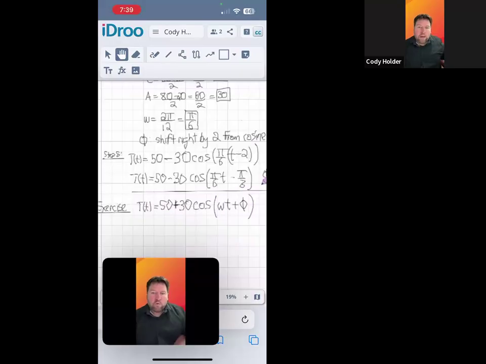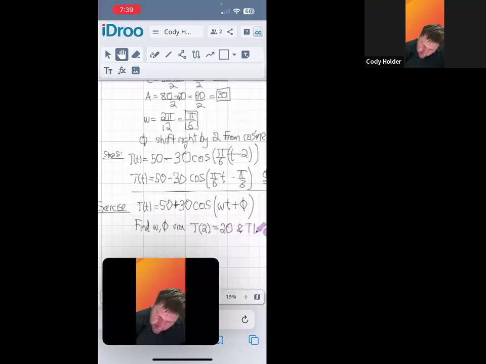And say you didn't remember my formula for 2 pi over period, or you couldn't quite figure out what the shift should be, then you can, as an exercise, find omega and phi via information that we have, which is T of 2 months is 20, and T of 8 months maxed out at 80. You can solve a linear system for omega and phi, and there you go. If you forgot my formulas, you can always recover it just by sort of common sense.